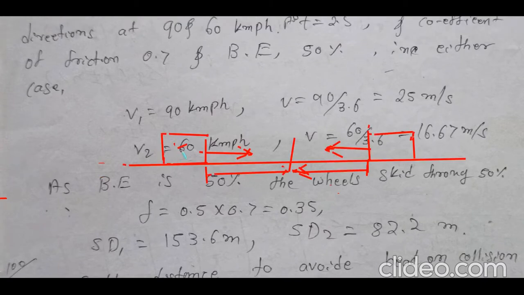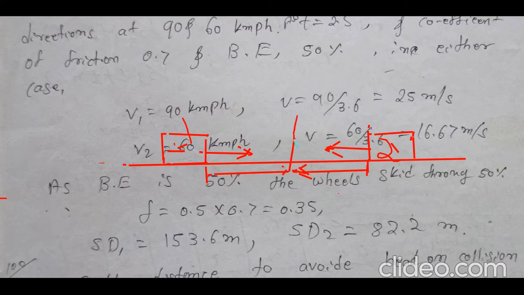Assume two vehicles are passing. This is V1 and this is V2. Two vehicles are coming from opposite direction. This is my second vehicle and this is my first vehicle. Both are coming from opposite direction.